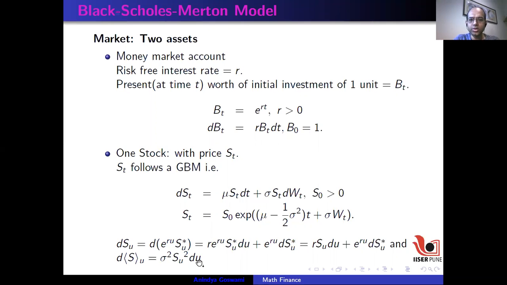So you get this. Instead of t, I'm writing u, so that I can plug this expression into other derivations later. Good, so I would just need these two things.